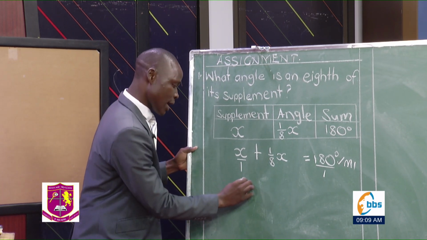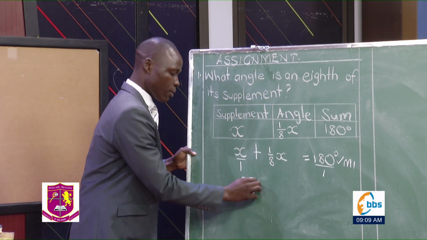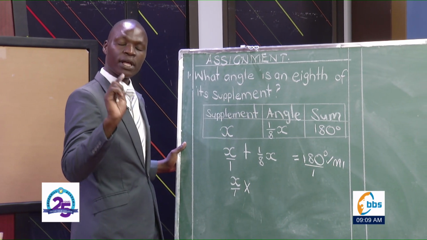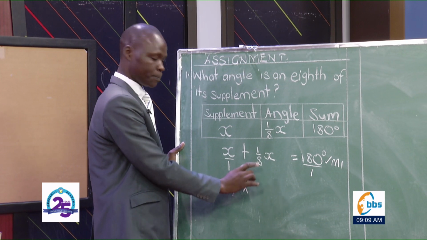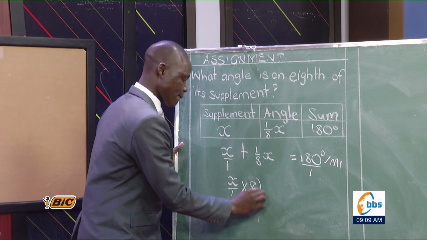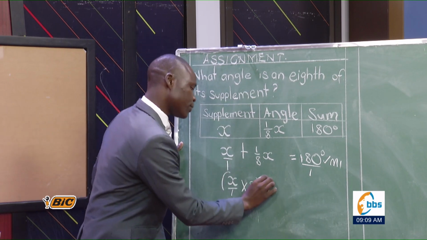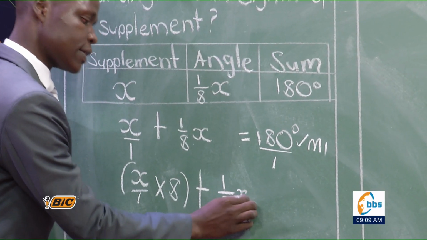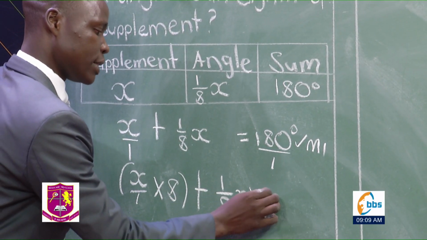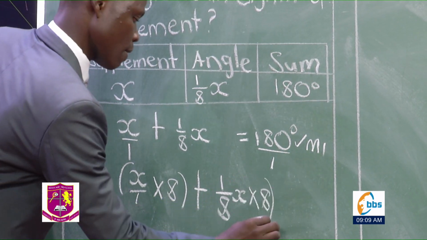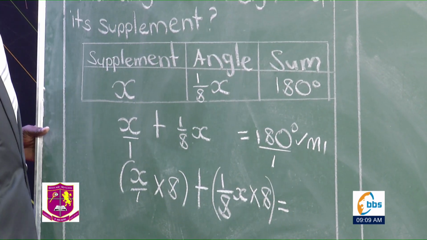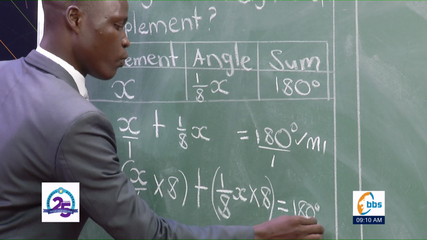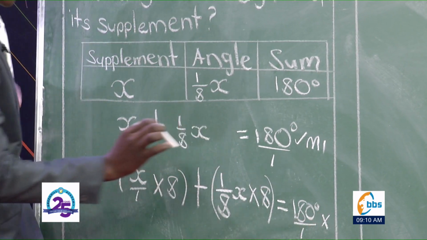Therefore, we get x out of 1 times our lowest common denominator, which is 8. And thereafter, you don't forget, plus, this is now 1 out of 8x times 8. This one gives us 180 degrees out of 1 times also 8.